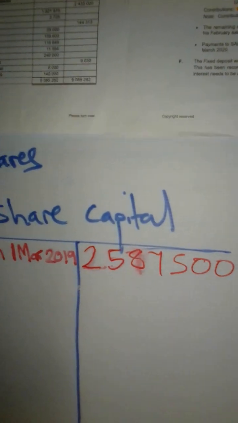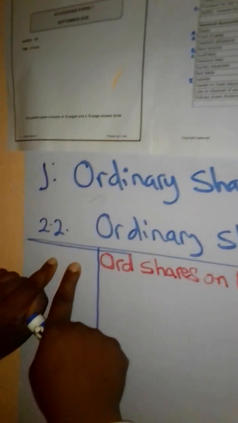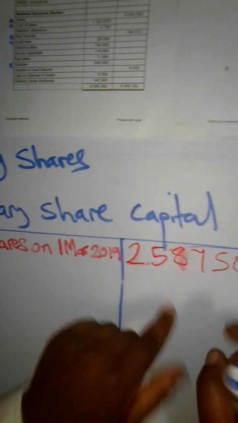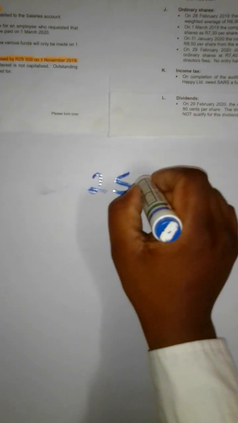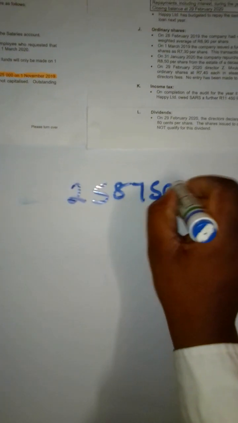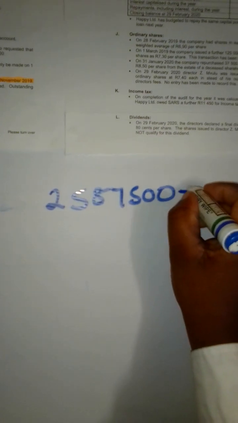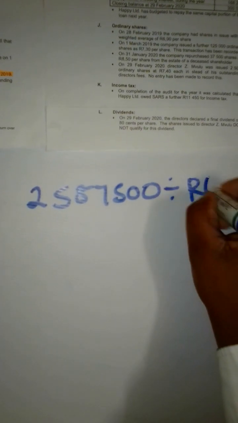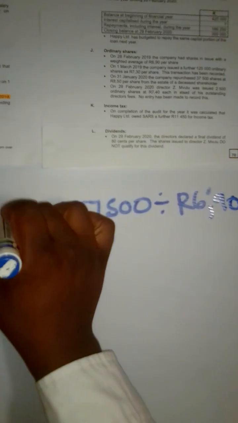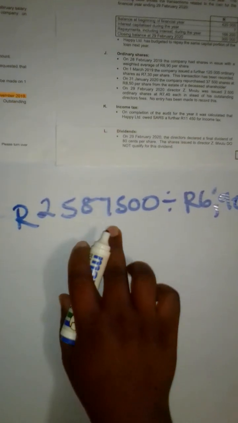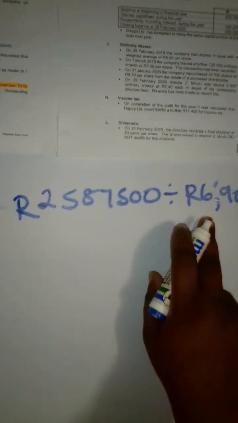So in order for us to get the number of shares that we are supposed to record here, we are supposed to take the ordinary share capital, 2,587,500, and divide by R6.90.